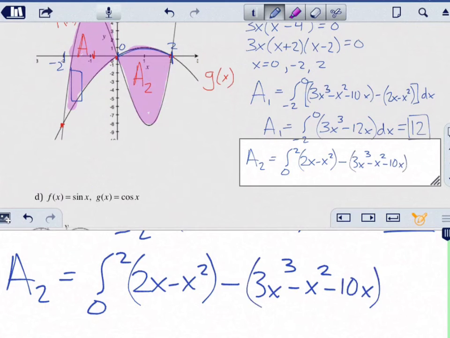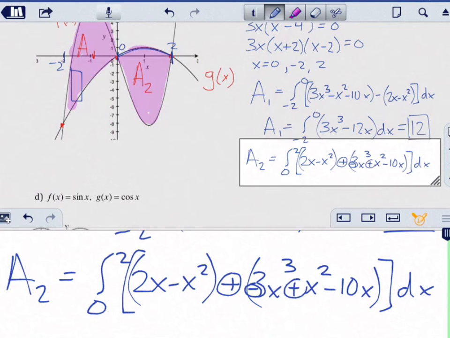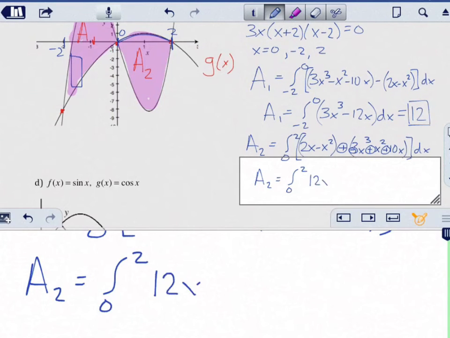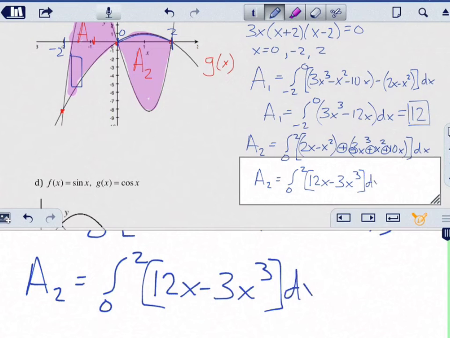Remember our parentheses there. And that'll be with respect to x. And then we can change all of our signs and simplify this. And we get A sub 2 is the definite integral from 0 to 2 of 12x minus 3x cubed dx. And when we evaluate this, we also get 12.